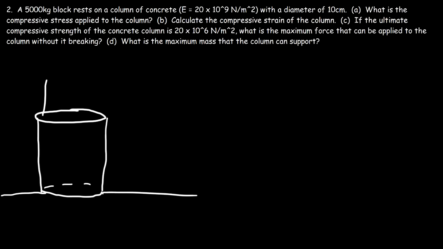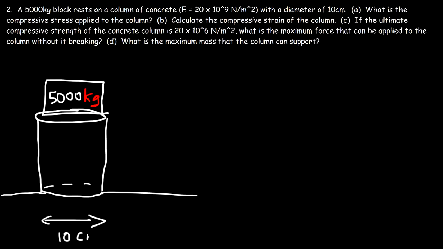And we have a 5,000 kilogram block resting on the column. And we're given the diameter of the column is 10 centimeters, which means that the radius is 5 centimeters. What is the compressive stress applied to the column?